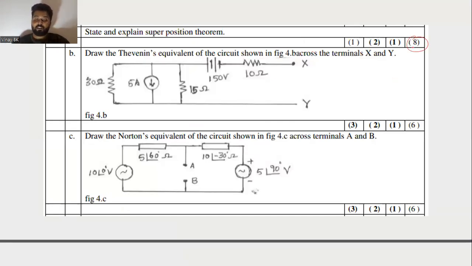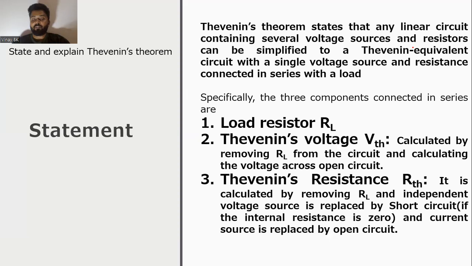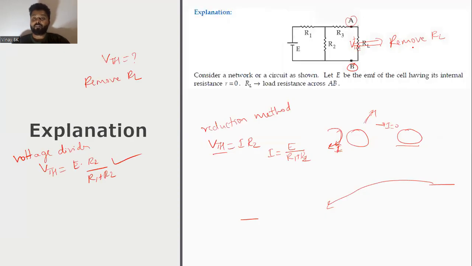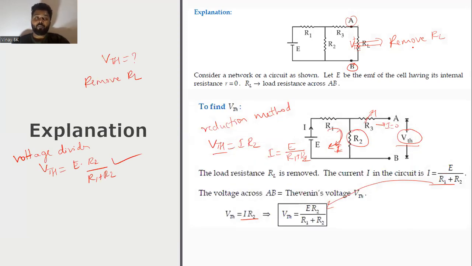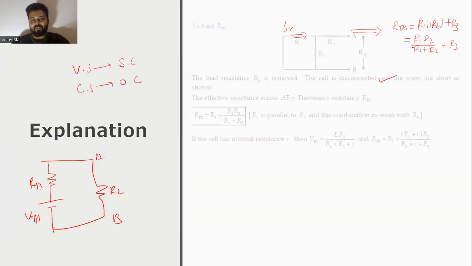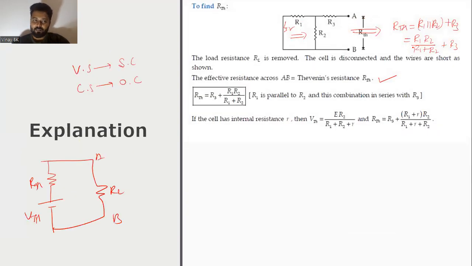State and explain. Statement, it may have some 2 marks. Explanation will be having some 6 marks. So statement, which is nothing but the voltage source and the resistors can be replaced by a Thevenin equivalent circuit which consists of a single voltage source in series with the resistance across load. And to find the value of VTH, you are removing the load resistance, then you are finding voltage across open circuit by using any of the network reduction techniques. Similarly, to find the value of RTH, you're removing the load resistance.